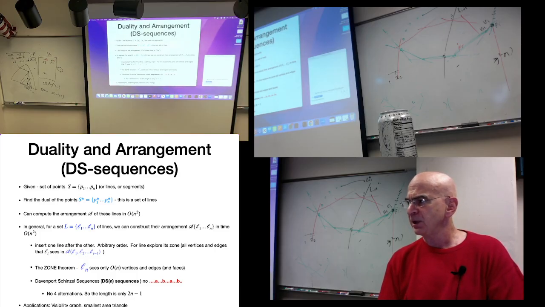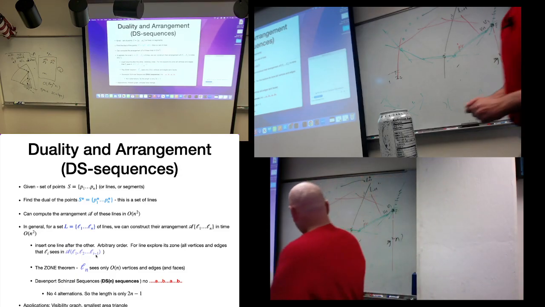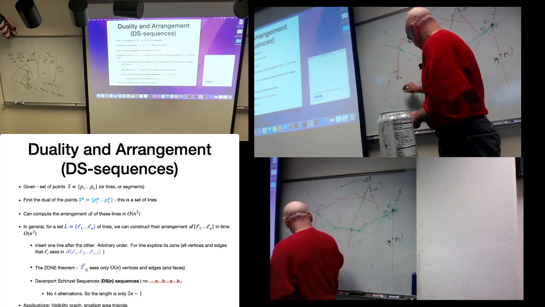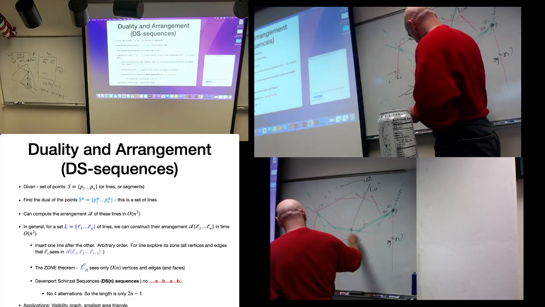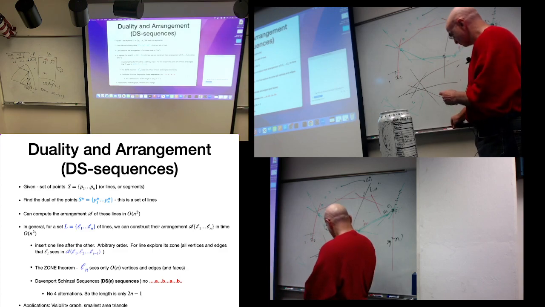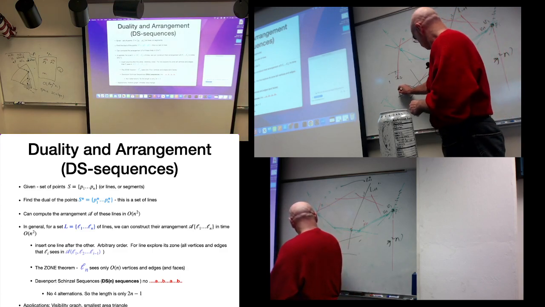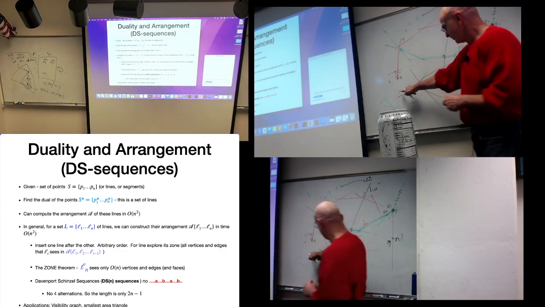Arbitrary doesn't mean random. It's any order you want, add the lines one after the other, and you have already an arrangement of several lines. You're adding one more line.